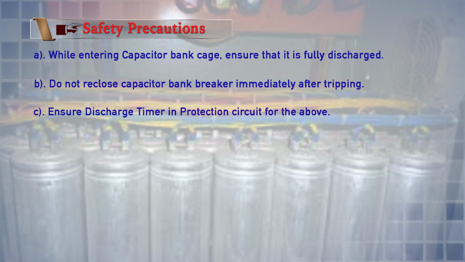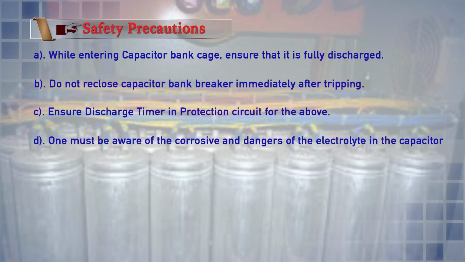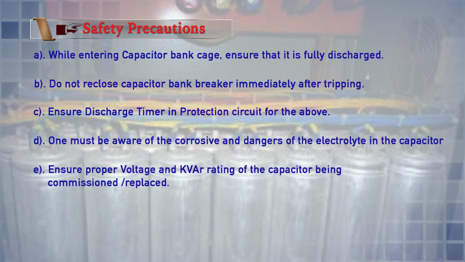Third point: ensure a discharge timer in the protection circuit for the capacitor bank. One must also be aware of the corrosive and dangerous nature of the electrolyte in the capacitor. Next point: ensure the proper voltage and kVA rating of the capacitor being commissioned or replaced.